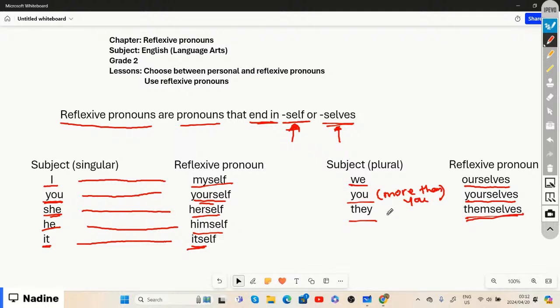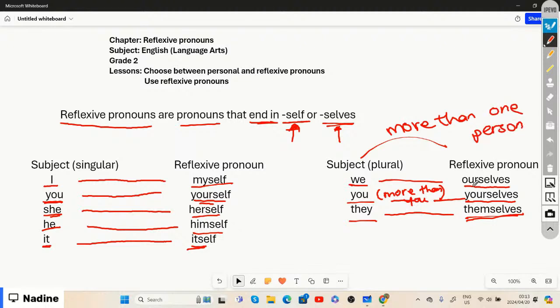Themselves. They refer to themselves. You refer to yourselves. We refer to ourselves. So if we are referring to anything or anyone that is more than one person, then we can say ourselves, yourselves, themselves.